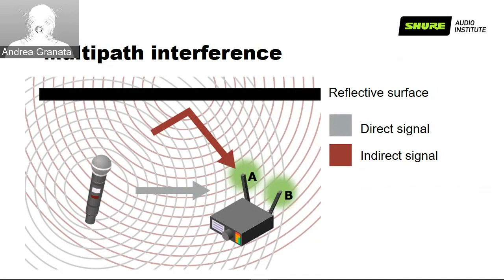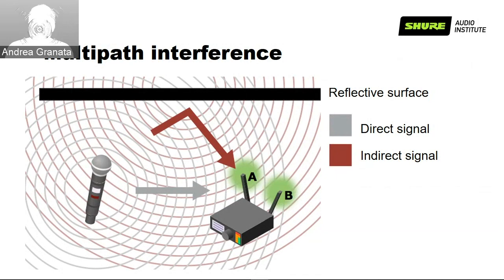In audio, you know very well that if you have two signals, one perfectly in phase and the other with exactly opposite polarity, so completely out of phase, 180 degrees rotated, and the two signals are equal, the result will be silence. The same thing may happen with multipath interference for RF.